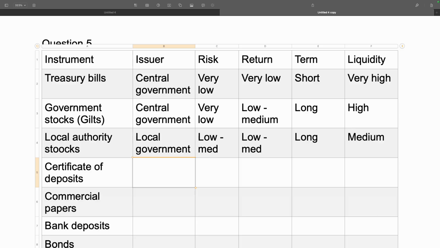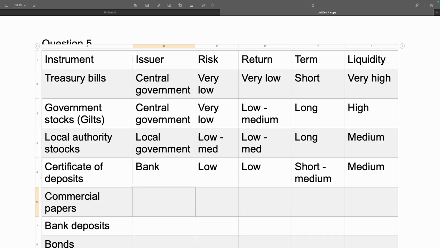Now the next one is called certificate of deposit, which is issued by bank, low risk, low return. And then in terms of term, this one is going to be short to medium. Next one, you got something called commercial paper.